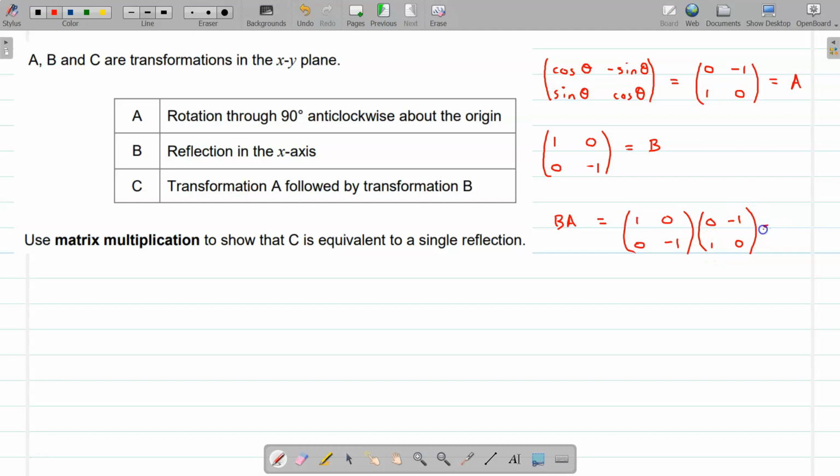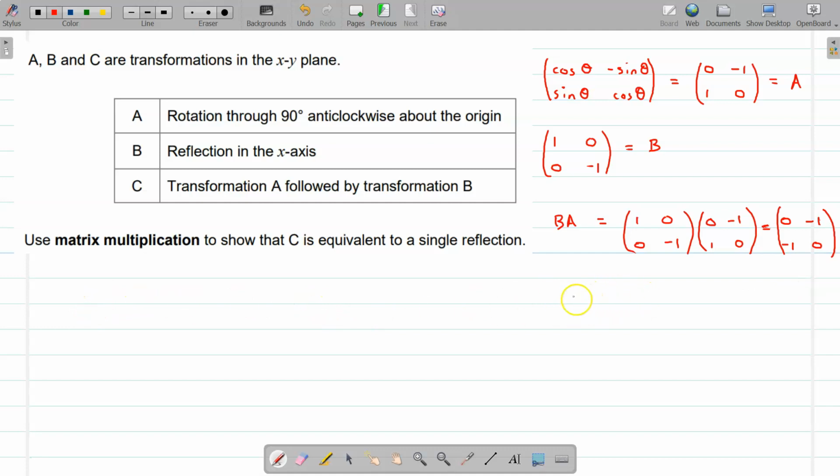Okay, and if you carry that out, you get 1 times 0 is 0, 0 times 1 is 0. Okay, 1 times minus 1 is minus 1, and 0 times 0 is 0, so that's minus 1. And then you have 0 times 0 is 0, minus 1 times 1 is minus 1, and then 0 there and 0 there, so that's 0. Okay, and that matrix there represents a reflection in the line y equals minus x.